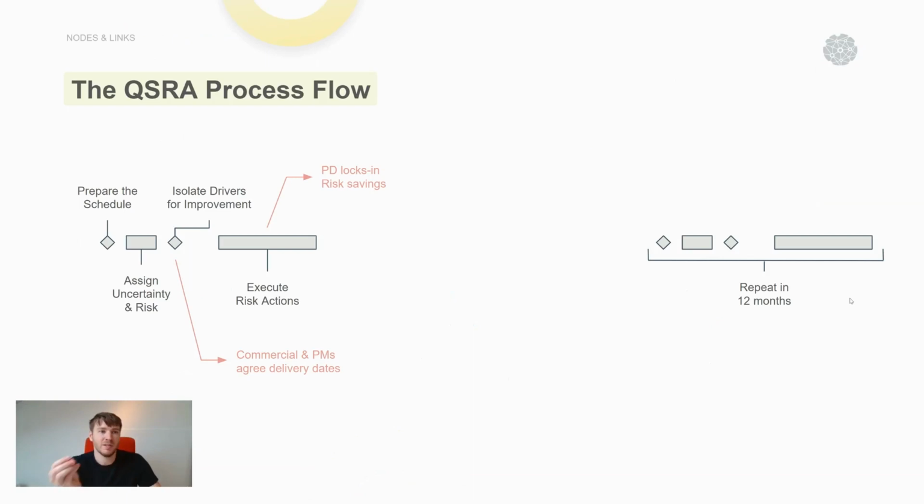So, a quantitative schedule risk analysis. Some of you might not be familiar with this, but it's generally the process of how you do a risk analysis on a schedule. The process is like this. You prep the schedule. If you've got a large schedule, 50,000 line items, a planner would prep a smaller schedule, something like 500 line items. People would then manually assign the inputs of the analysis, which is uncertainty.